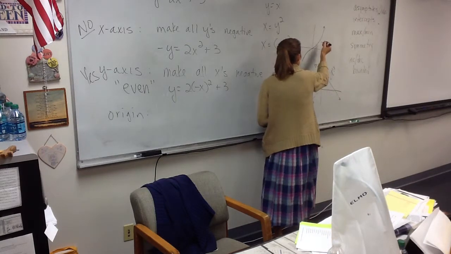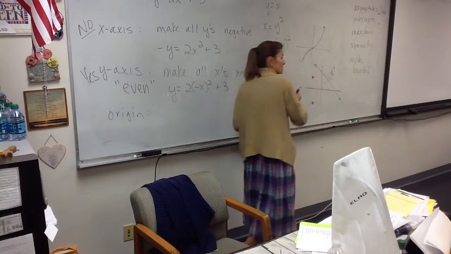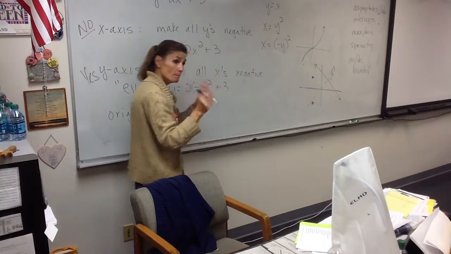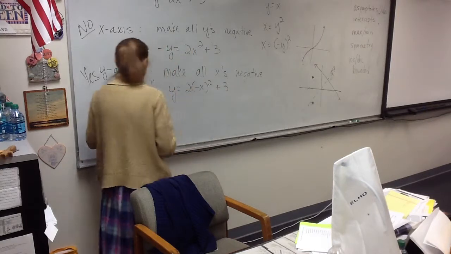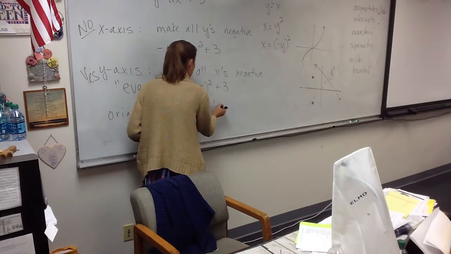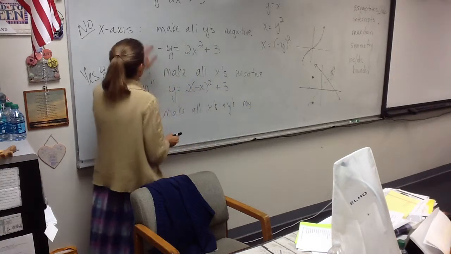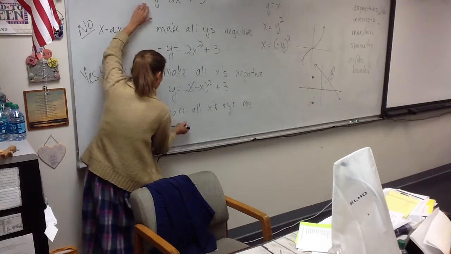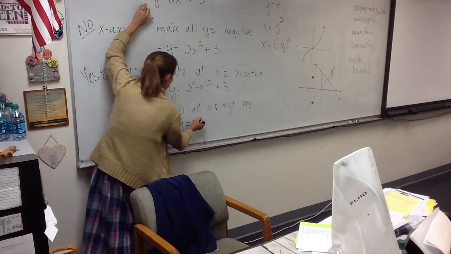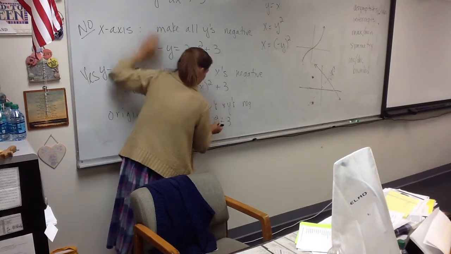What do you think we're going to do to test for symmetry about the origin? Both. Very good. So we're going to make all x's and y's negative. So what would that look like in this equation? Negative y equals 2 times negative x squared plus 3.